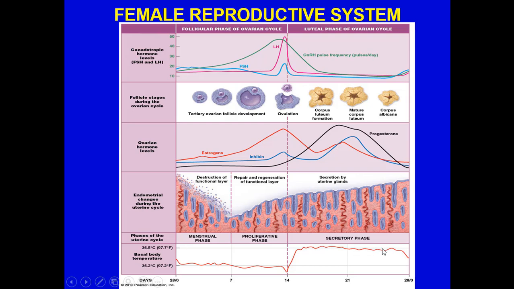And it stays there for quite some time unless there is no fertilization. A lot of couples who had problems conceiving used the method to determine when fertility occurred, then of course had sexual intercourse, and then of course had a successful and healthy pregnancy.